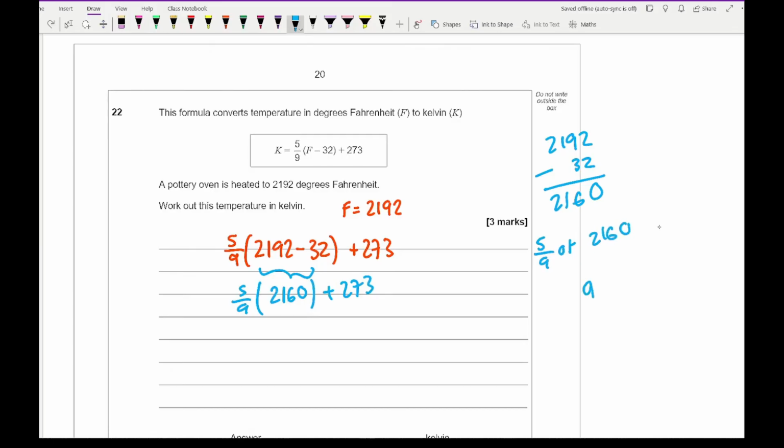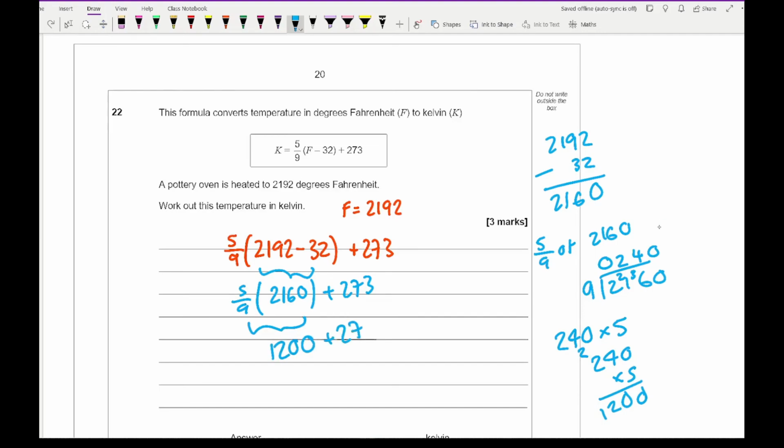So first, if I divide 2160 by 9, then I get 240. Then I do 240 times 5. So 240 times 5 is going to give me 1200. So all of this equals 1200 plus 273, which is going to give me an answer of 1473.